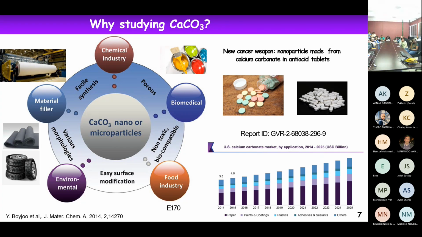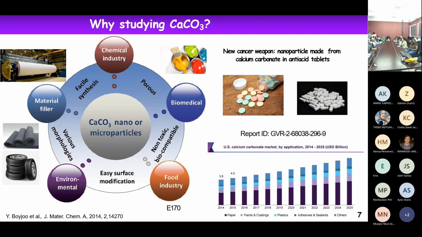So typically, if you look at a piece of paper in front of you, you have about 30% calcium carbonate in it, because this is what makes the paper white. The whiteness is really related to the calcium carbonate, and it also increases the strength of the paper. You can find it in rubbers.